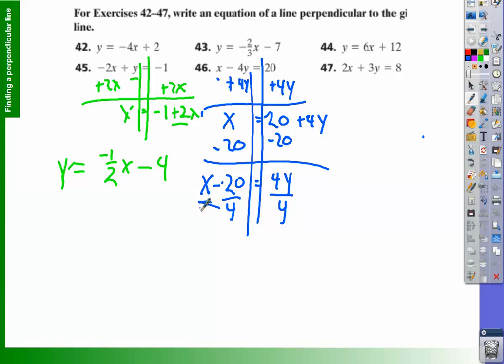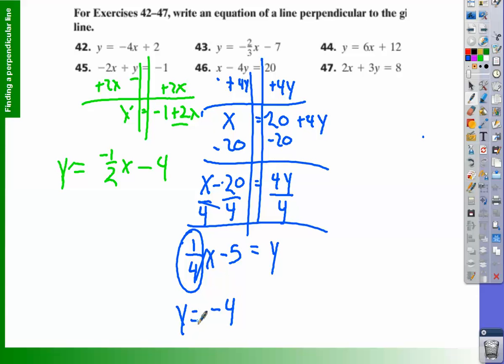Divide everything by 4. So we get 1/4 x minus 5 equals y. The opposite reciprocal of our slope is going to be negative 4. So an equation would be y equals negative 4x minus 2.